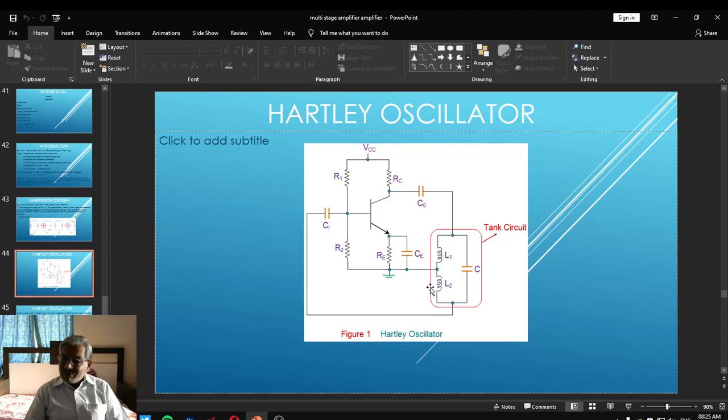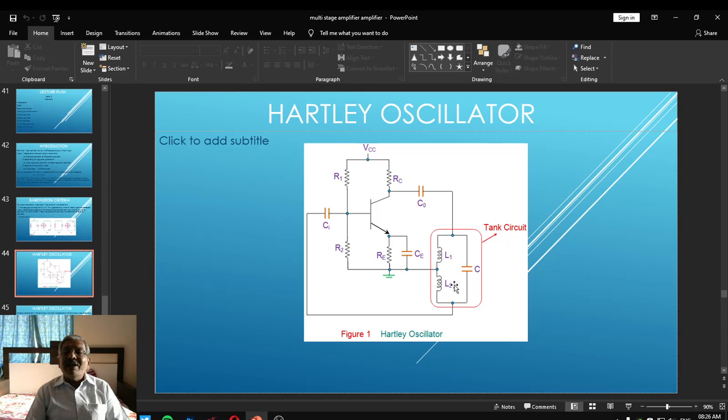If you make use of a single coil, then you have to arrange the number of turns in such a way that L1 possesses 2/3 of the turns and L2 possesses 1/3. Meaning thereby, if you wound say 100 turns totally, L1 plus L2, out of 100, 66 turns are associated with L1 and 33 turns are associated with L2. Exactly at their center a tapping is done and it is grounded.